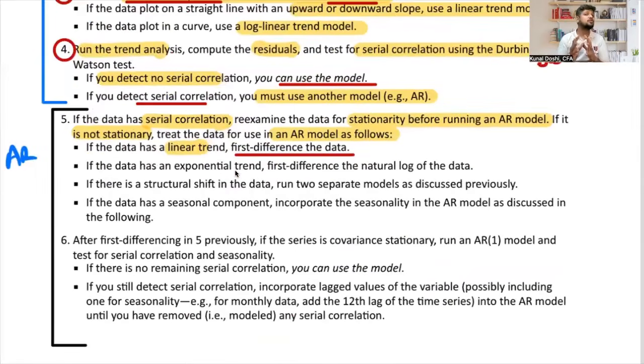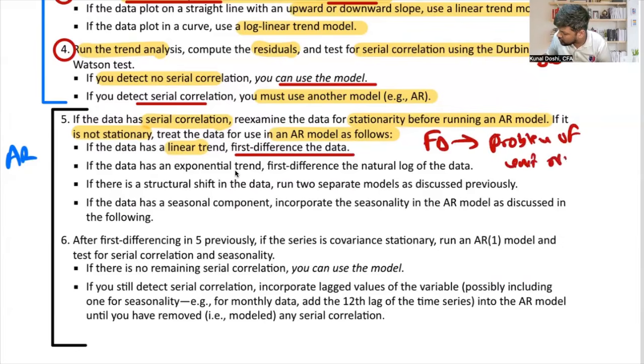First differencing is used to fix the problem of unit root. Remember, first differencing is what we use to fix the problem of unit root. Unit root is when b1 is equal to 1, correct?